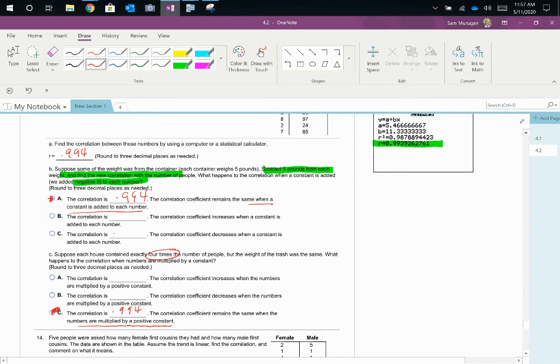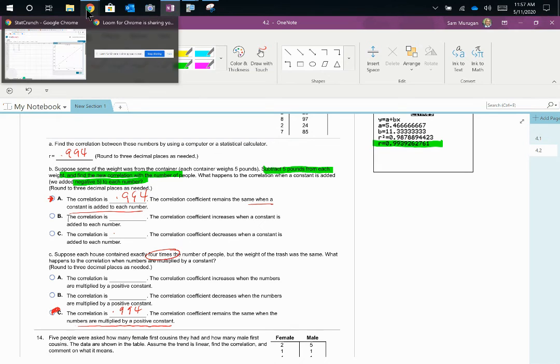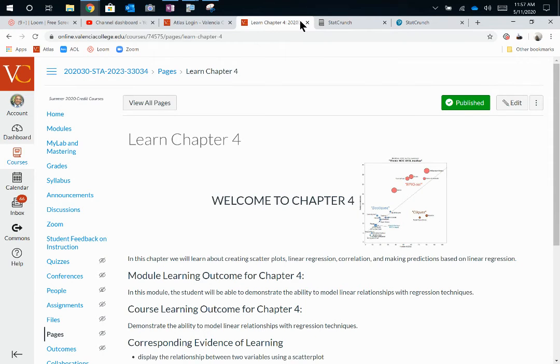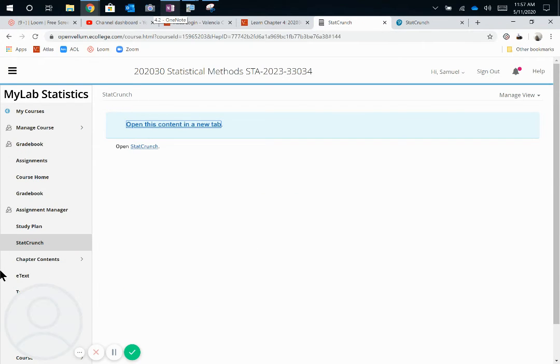I want to just show you a similar problem in my lab. Question 13. Okay, here we go.